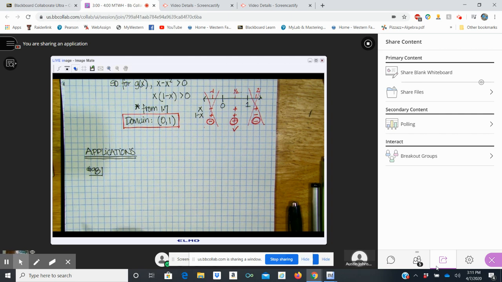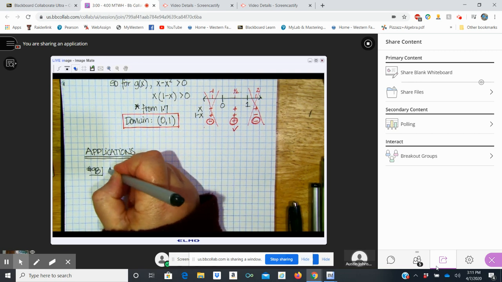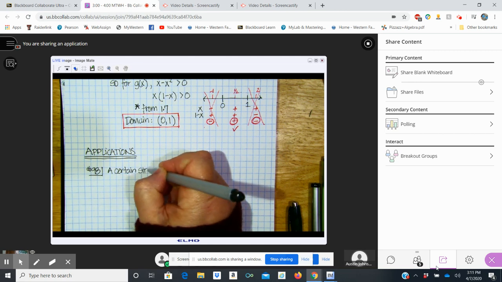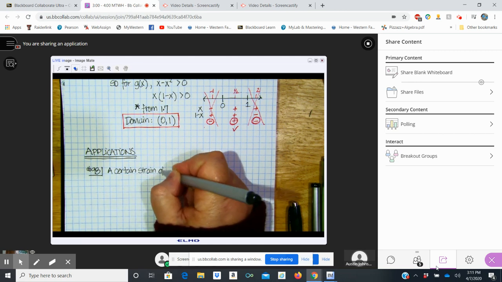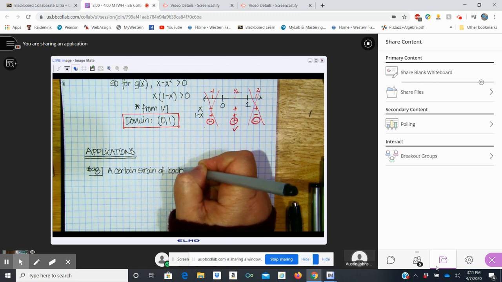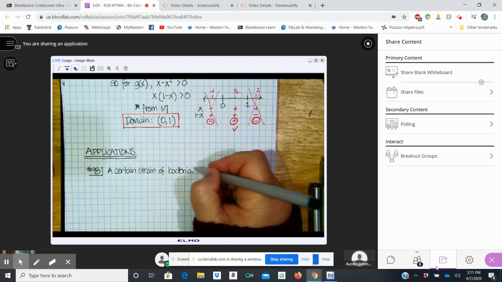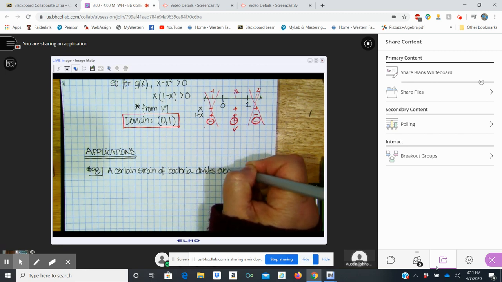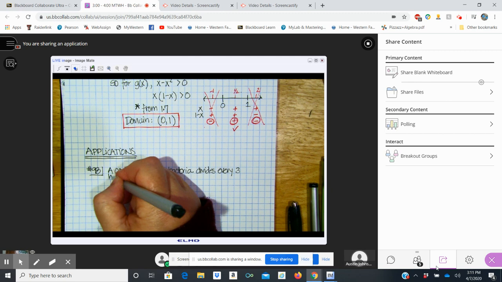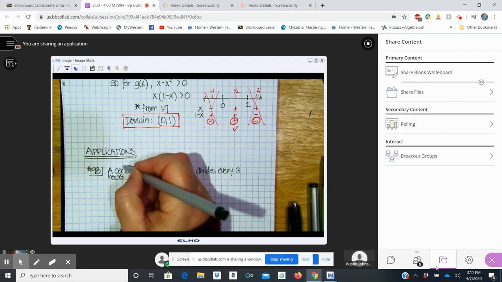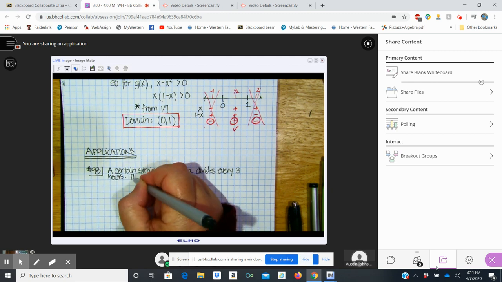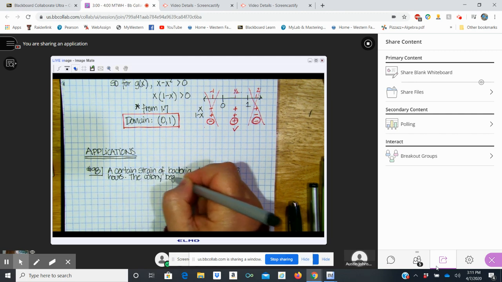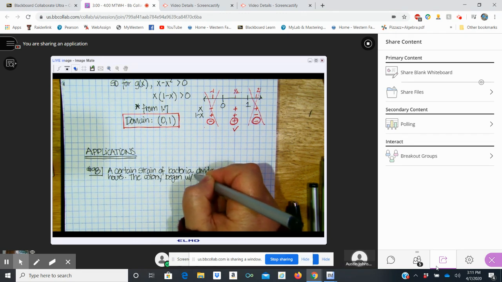It basically is a word problem that says a certain strain of bacteria divides every 3 hours. The colony began with 50.